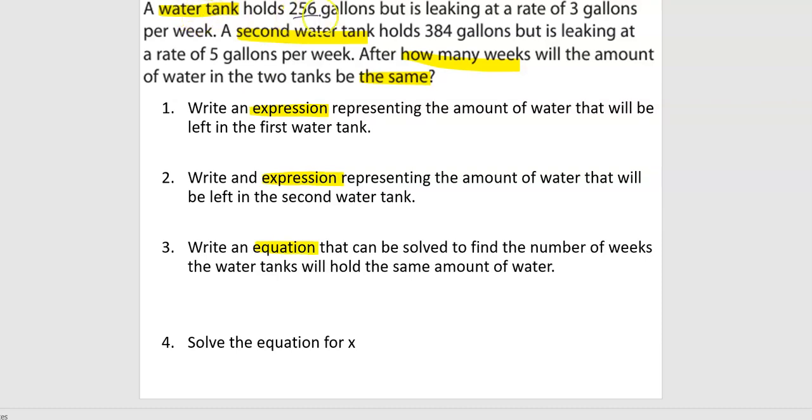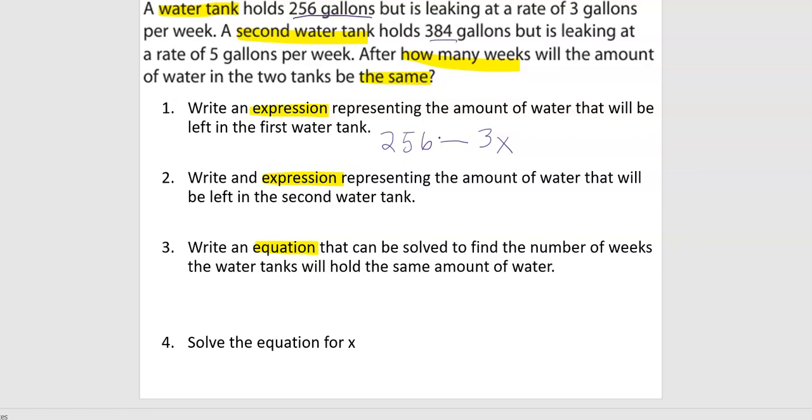So the first water tank initially holds 256 gallons. That's my initial value, what I started with, but it's leaking, which means that it's going to go down, and it's going down by 3 gallons every week. So that is my first expression.